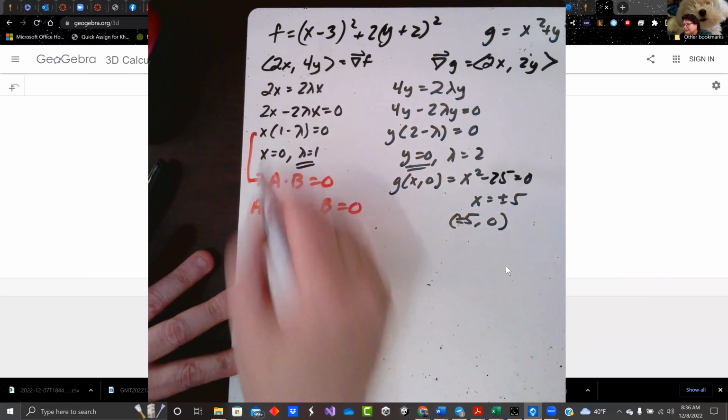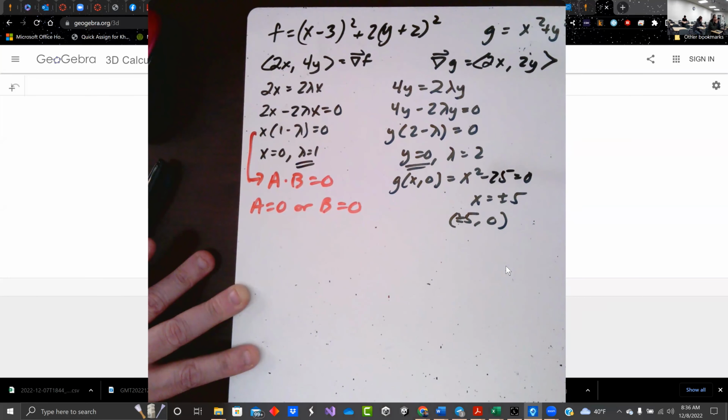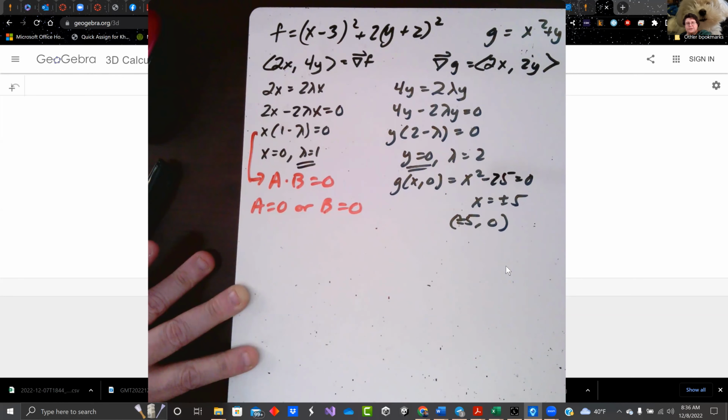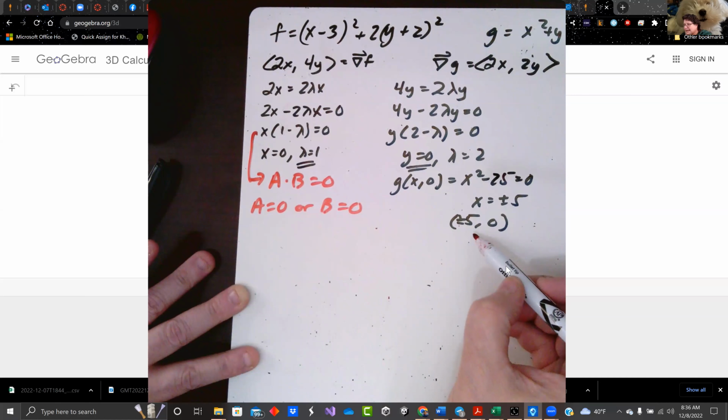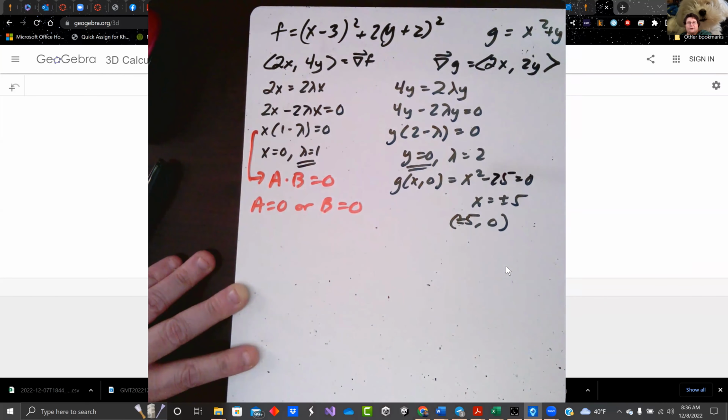So these don't happen at the same time. It's either one or the other. I mean, they could happen at the same time, but both equations need to be solved. And so when I do y equals 0, I don't get x equals 0. So y equals 0 must be the lambda equals 1 case on that equation.